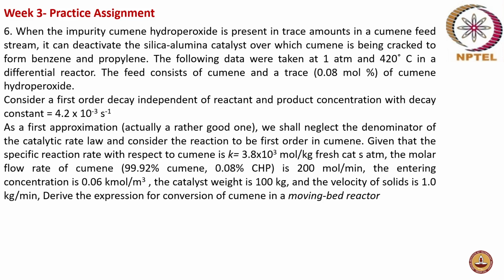Now let's get on to question number 6. When the impurity cumene hydroperoxide is present in trace amounts in a cumene feed stream, it can deactivate the silica alumina catalyst, over which cumene is being cracked to form benzene and propylene. The data was taken at 1 atmosphere and 420 degrees centigrade in a differential reactor. The feed consists of cumene and a trace of cumene hydroperoxide.